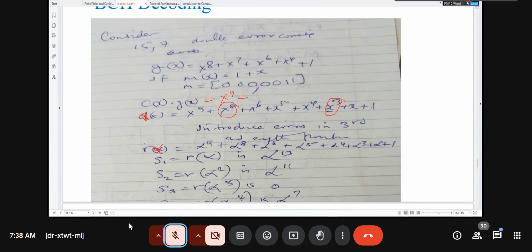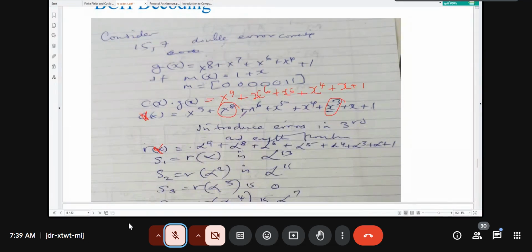You can multiply it out and you're going to see that it is going to be plus x to the 5 plus x to the 4 plus x plus 1. Actually, if you multiply this with this, this is what you're going to get.